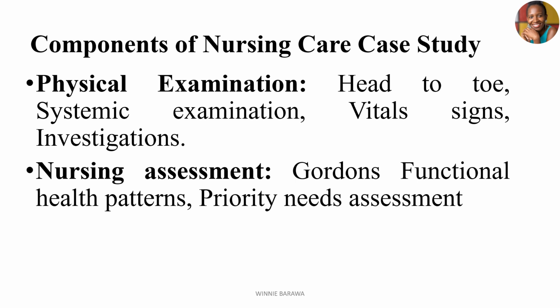So you could explore, let's say, circulation, elimination needs, mental needs or processing cognitive needs. So it's very broad when it comes to Gordon's functional health pattern. We'll do another session on just Gordon so that someone can understand how Gordon's functional health pattern assessment works, so that you see the different elements of Gordon's and the way you can assess them.